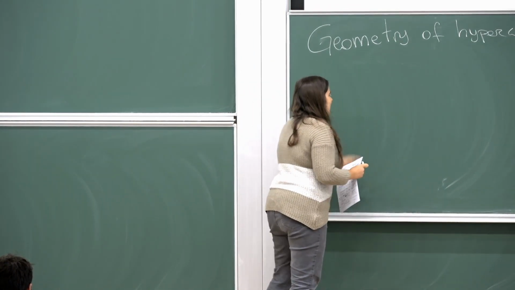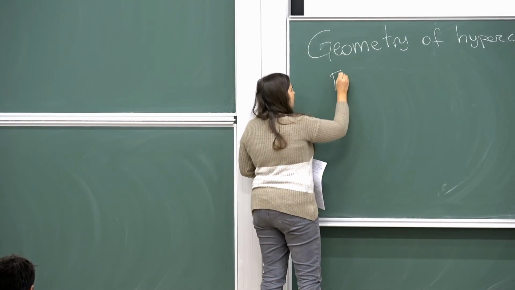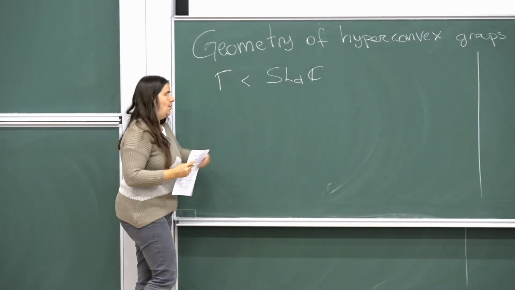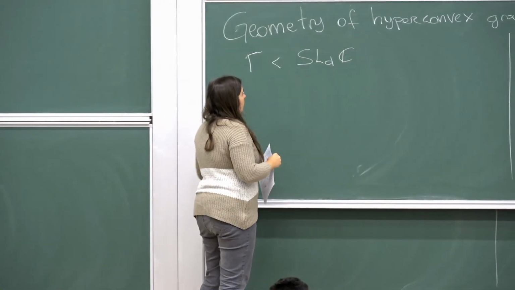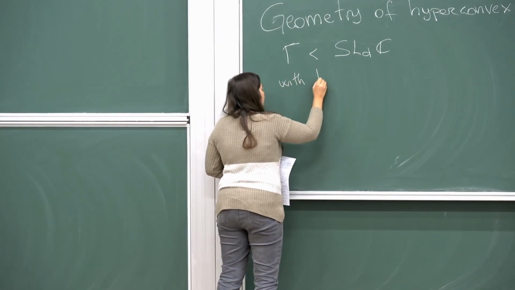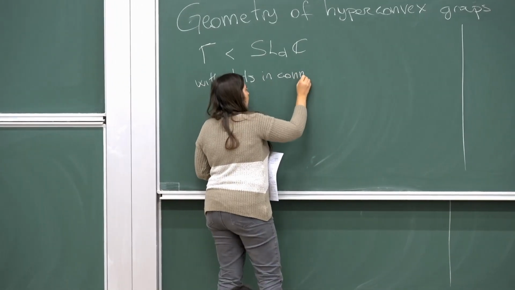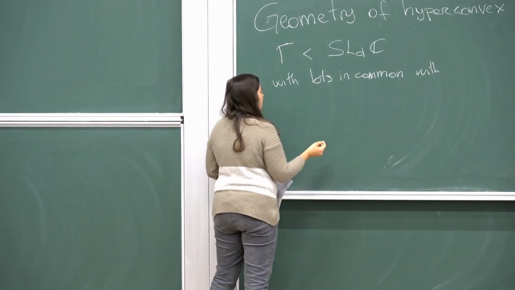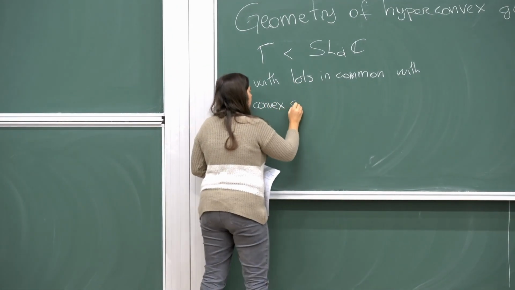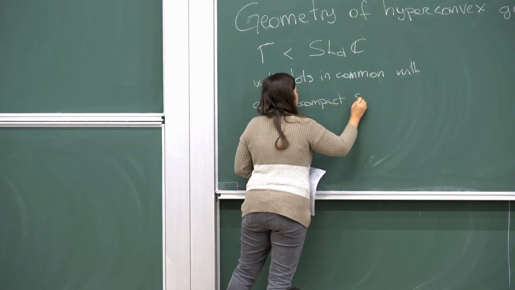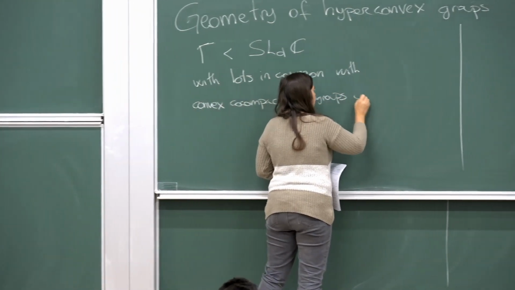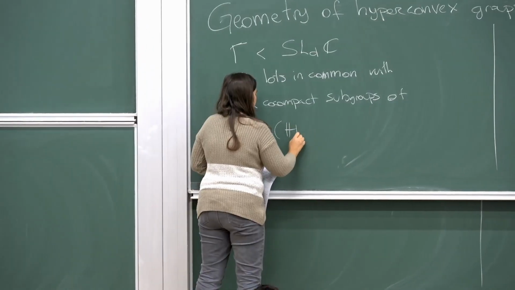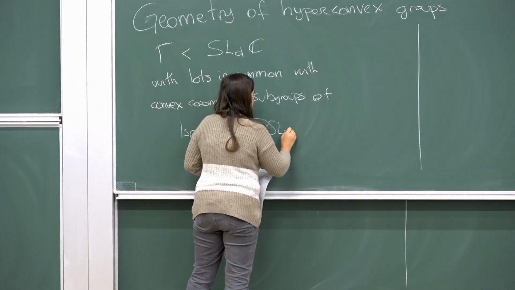These hyperconvex subgroups will be finitely generated subgroups gamma of, say, SL_d(C), or maybe SL_3(C) is already interesting enough for today, with lots in common with convex cocompact subgroups of the isometry group of H^3, which is PSL_2(C).